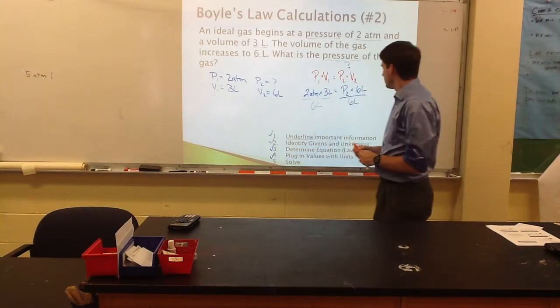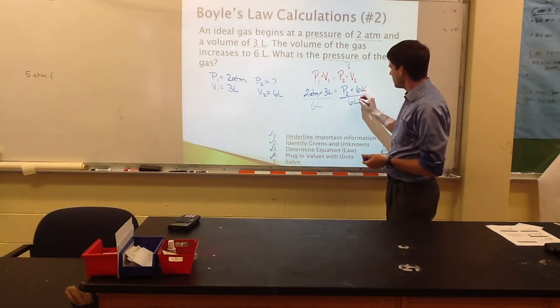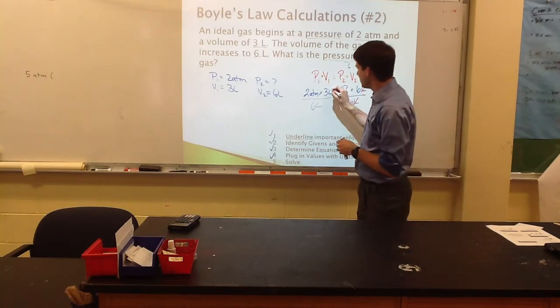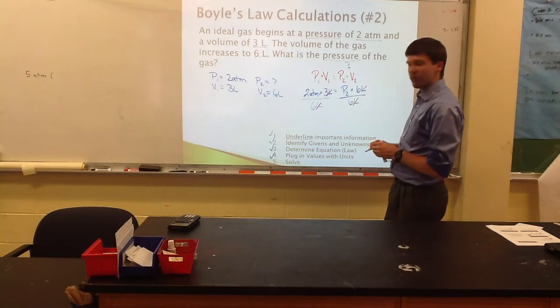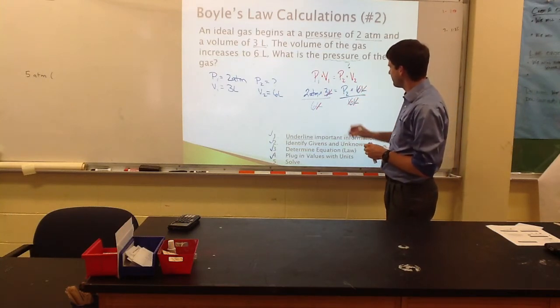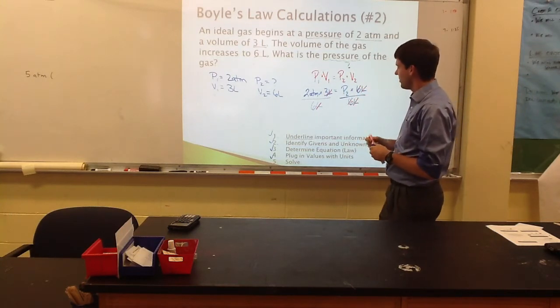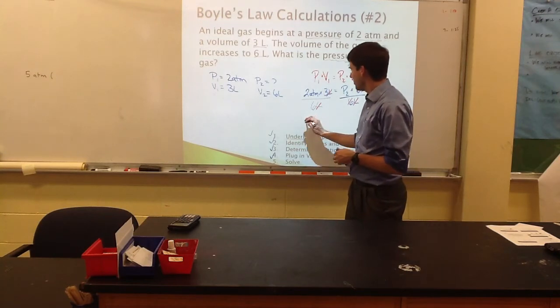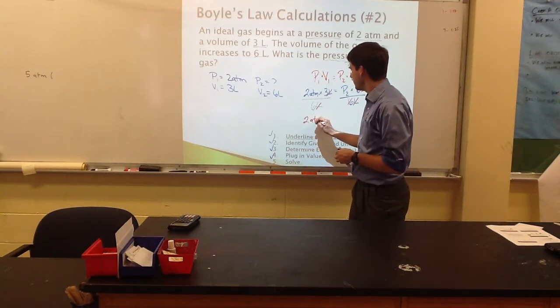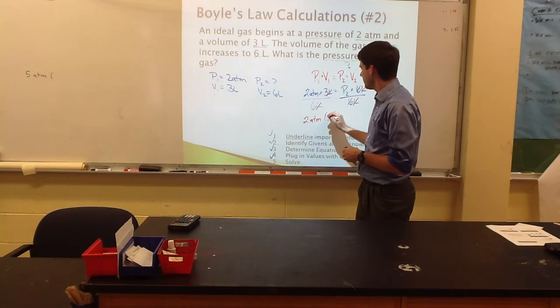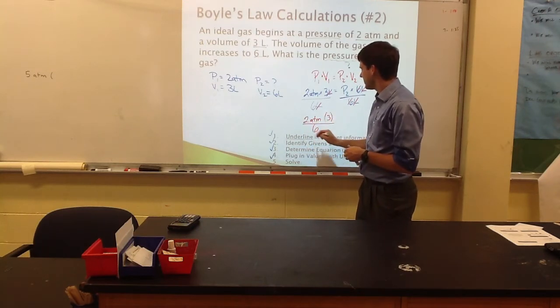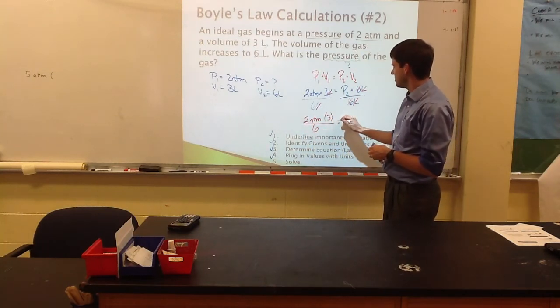So we see that liters cancels on both sides. And then on the right here, the 6 cancels as well. This means that we're left with 2 atm times 3 divided by 6 equals P2.